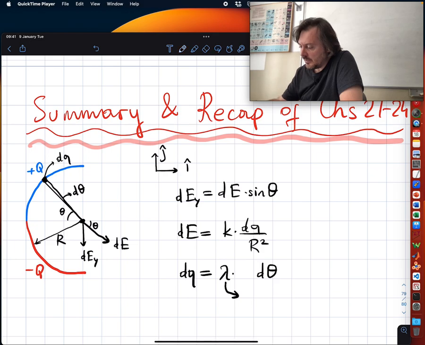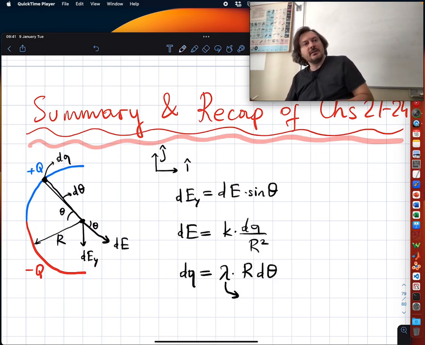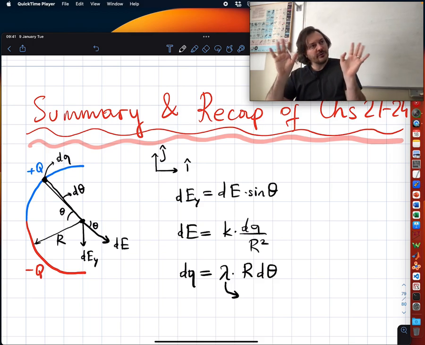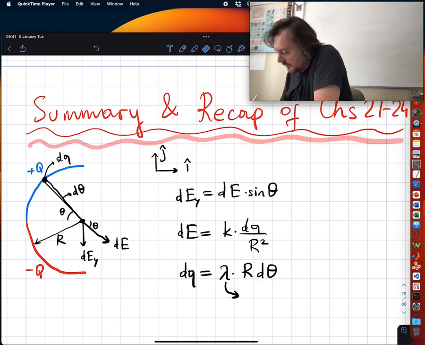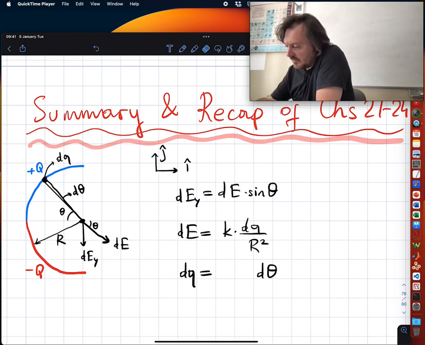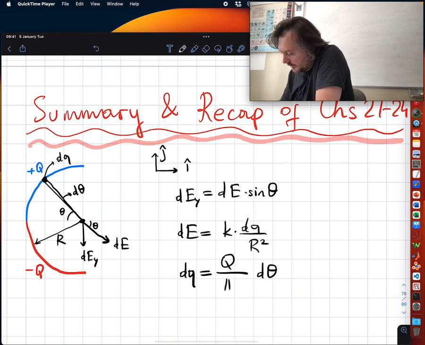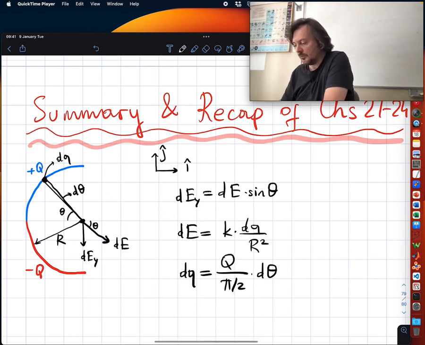You should have also r here, okay? But if you are saying that lambda is something that you have newly defined and it's charge per unit angle, that's also acceptable. So we could have written it like this. Charge per unit angle, so I'm talking only about this one. So plus q divided by pi over 2. Do you see? Plus q divided by pi over 2 times d theta would do it.